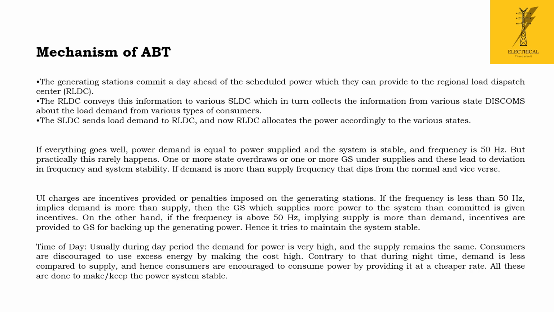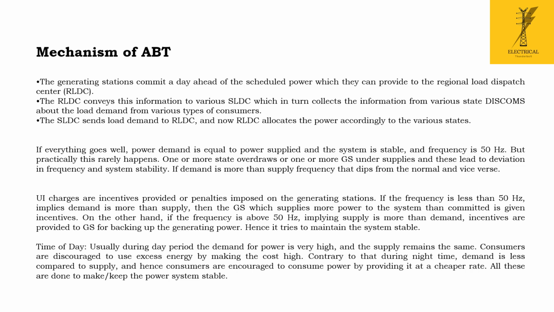If the frequency is less than 50 Hz, it implies demand is more than the supply. I have to monitor the frequency, and if I see the frequency is less than 50 hertz, then I have to understand that the demand is more than the supply.